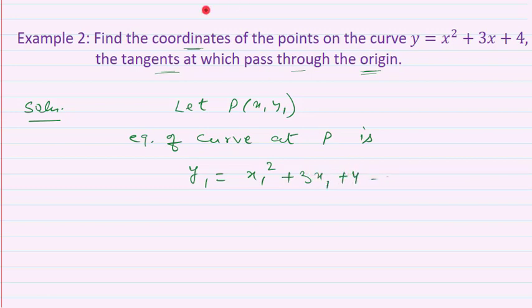Let us name this as equation number 1. Now the next step is to calculate the slope of tangent, and that can be calculated easily by calculating dy upon dx. So given curve is y is equal to x square plus 3x plus 4.